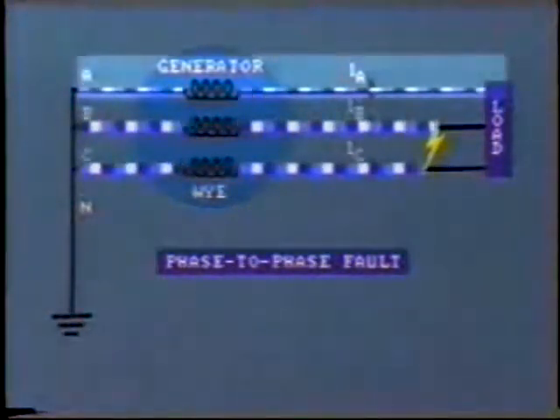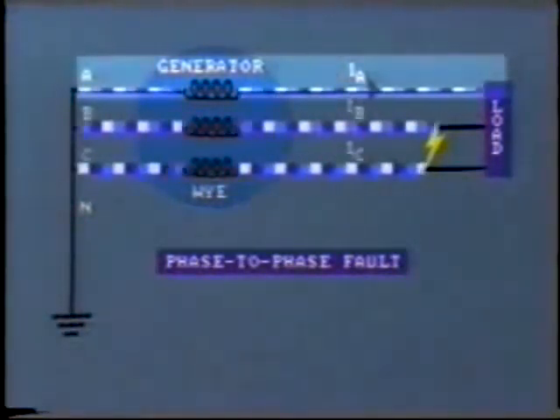In this case, if, say, phases B and C are connected together, then heavy fault current circulates in phases B and C only. Phase A can continue to provide its load. Another type of fault is the phase-to-phase to ground. Fault current flows in the shorted phases and also to ground.